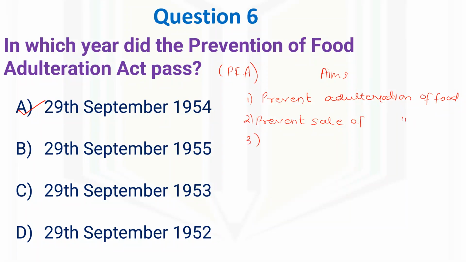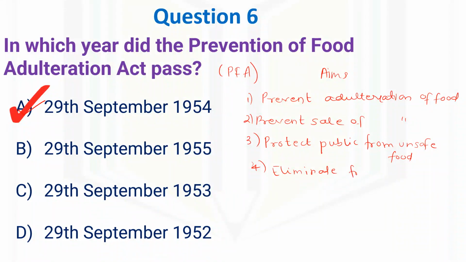Thirdly, to protect the public from unsafe or adulterated food. And the fourth one is to eliminate fraudulent practices. That is, unsafe methods of production of the food or any adulteration being added, such practices have to be eliminated.